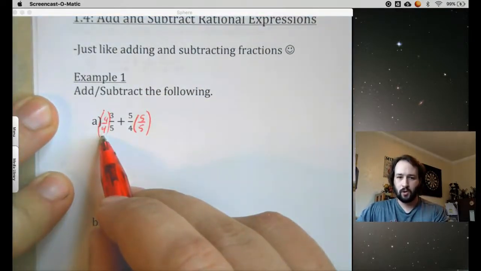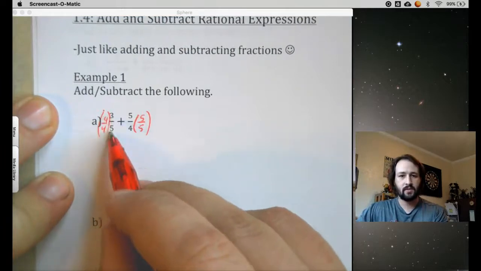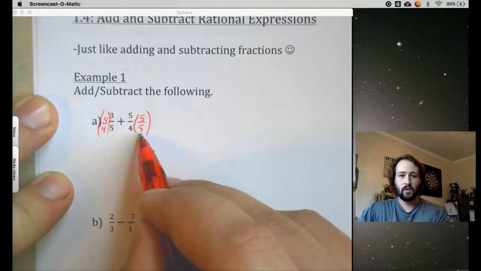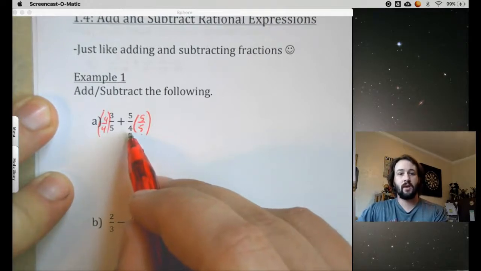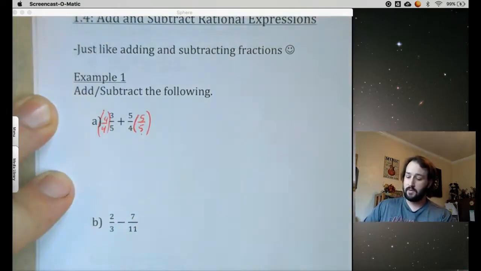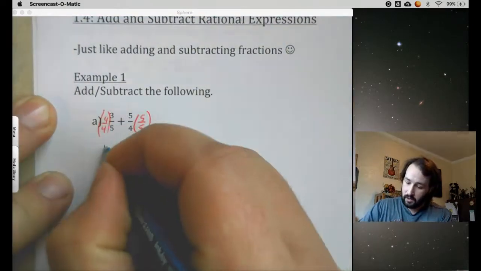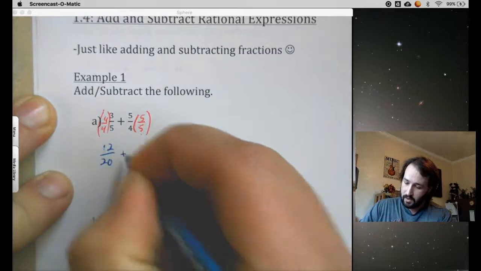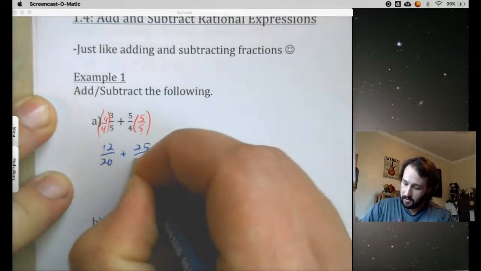So 4 divided by 4 is 1, so I'm not changing the value of this 3/5, I'm just changing the way that it looks. 5 divided by 5 is 1, so I'm not changing the value of the 5 over 4, I'm changing the way it looks. So after multiplying those things together, I would have 12 over 20 plus 25 over 20.